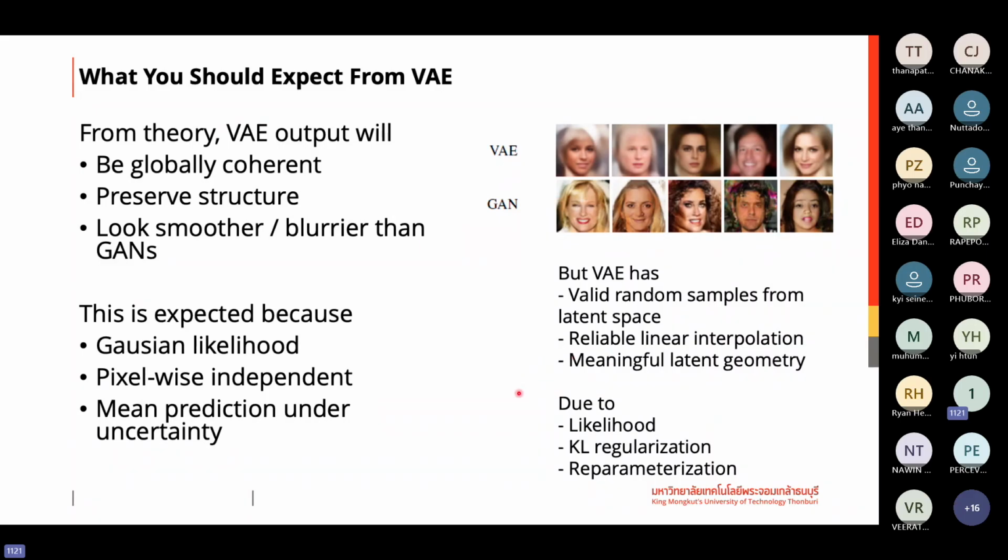And we are able to do that by modifying the autoencoder with three things: having likelihood estimation, having a KL regularization term in the objective function, and lastly, performing the reparameterization trick in the data representation, which we will see each of these later on in VAE.